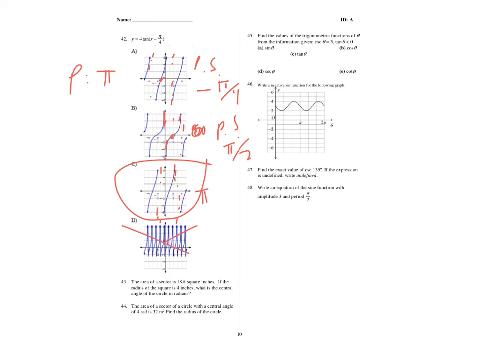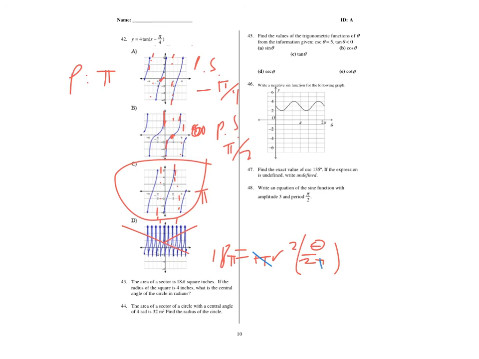All right, number 43, area of a sector is 18 pi. If the radius is 4, what's the central angle in radians? Okay, so use our area formula again, which is pi r squared times theta over 2 pi, since we're talking radians. We'll set this equal to 18 pi. And then we know we can cross off the pi's here. And we know the radius is 4.